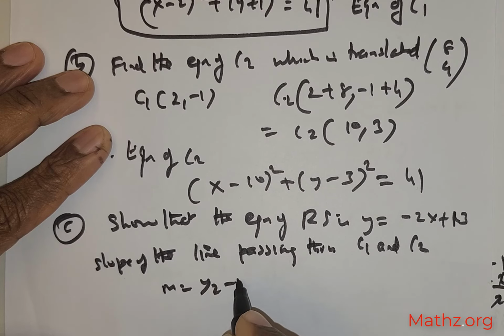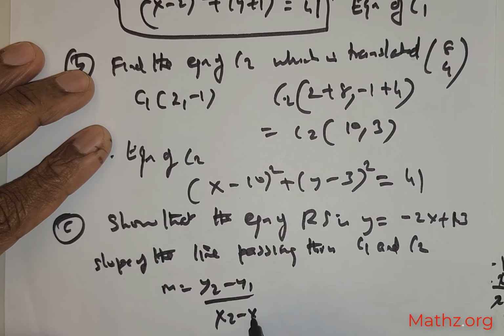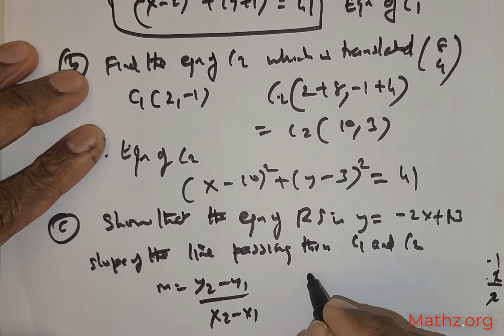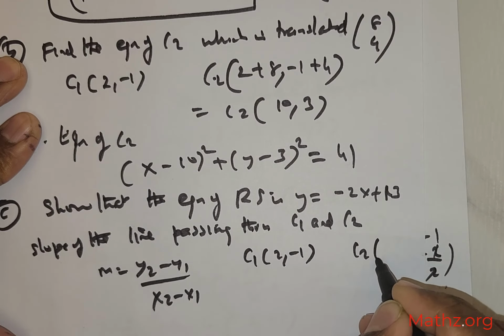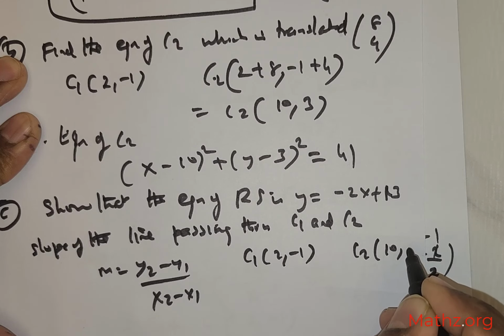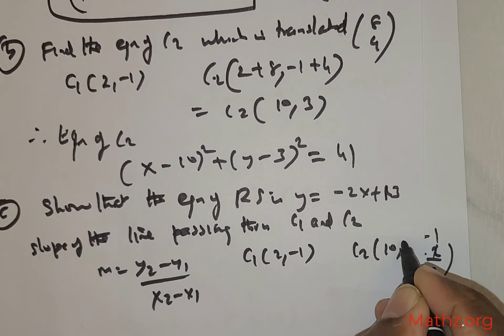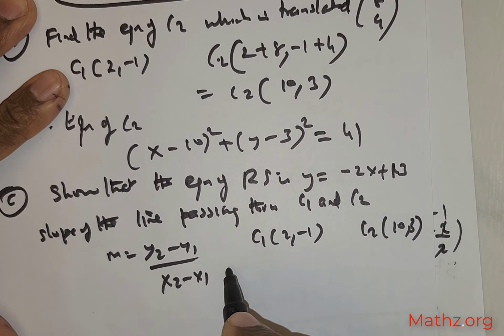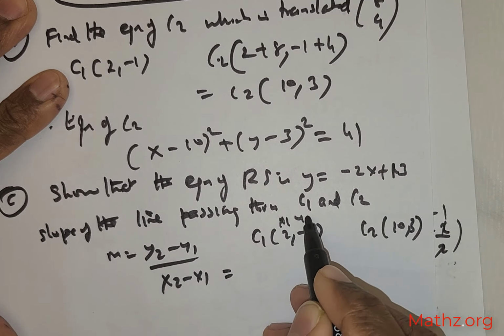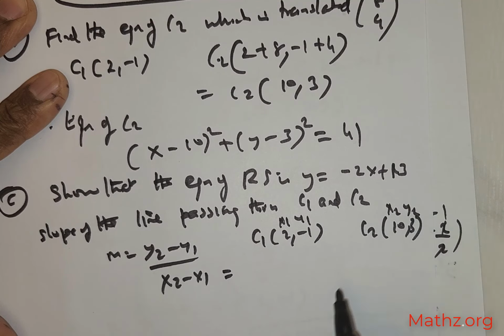So m is equal to y2 minus y1 divided by x2 minus x1. C1 is (2, negative 1) and C2 is (10, 3). This is x1, y1 and x2, y2.